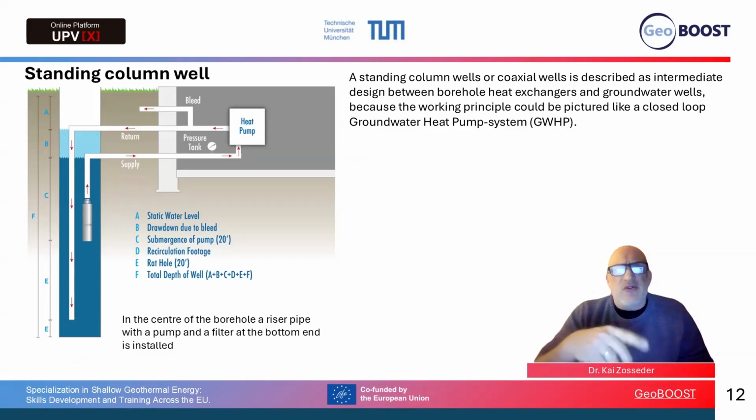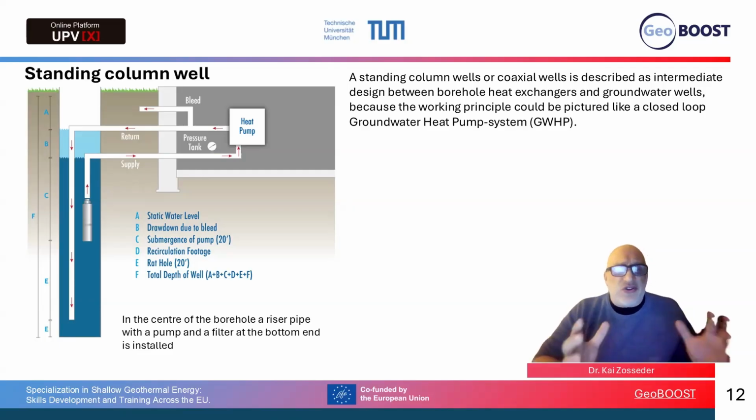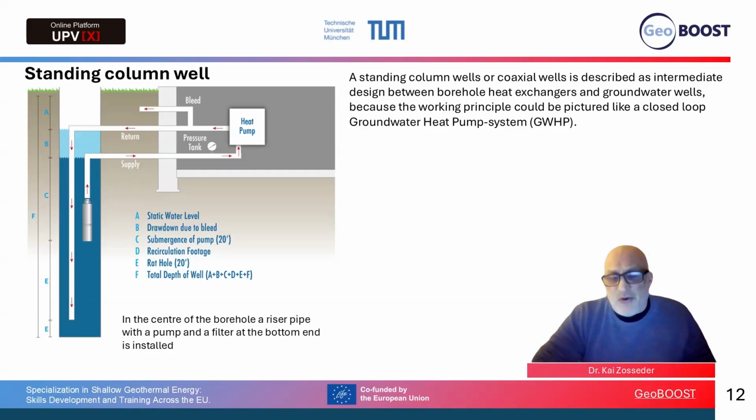There is a little bit of risk that the efficiency goes down if you pump too much and if the conditions are not really suited to such a standing column well. So this is good. You also save space for installation, but you have to make sure that the efficiency of these standing column wells fits the thermal demand that you have.